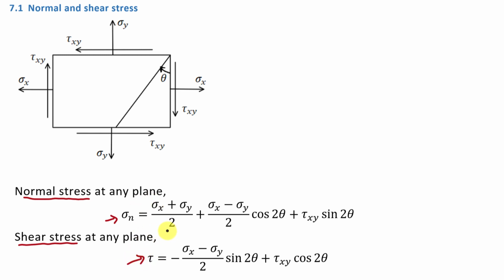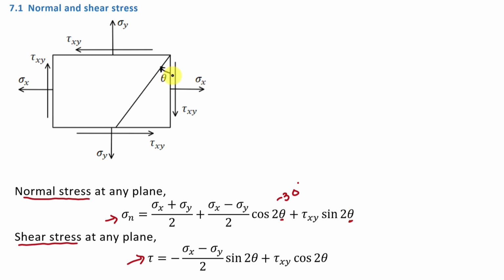Fine. And here this theta is taken as positive if you take theta in this direction. If the plane is given like this and this theta is given, then you have to take this theta as negative. Meaning if this theta is given as 30 degrees, then you have to take minus 30 degrees in this equation.